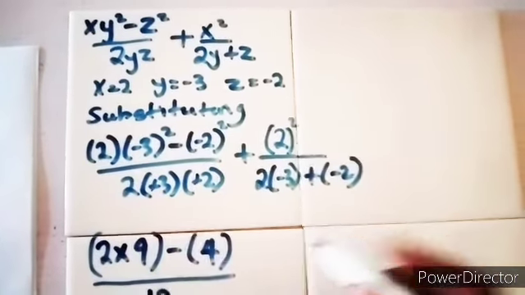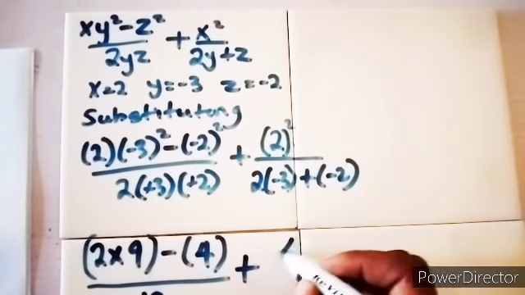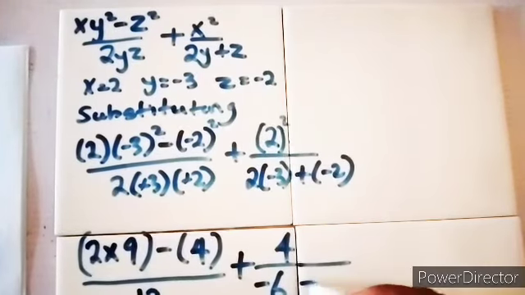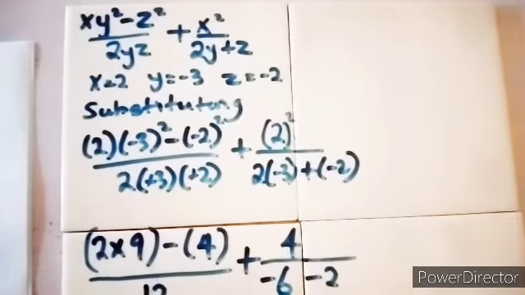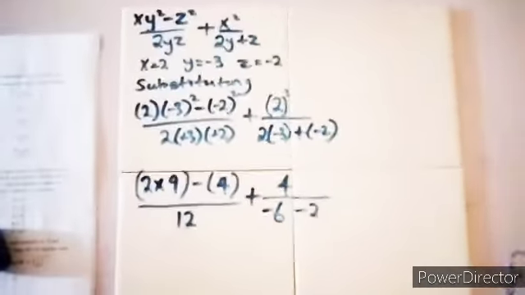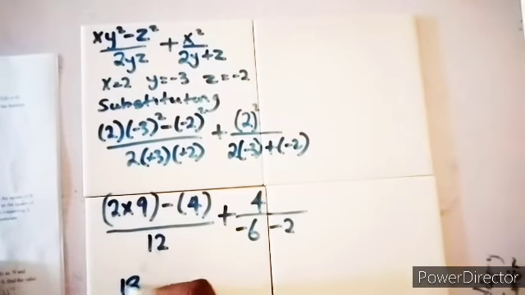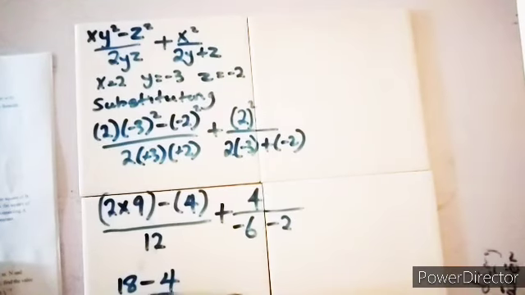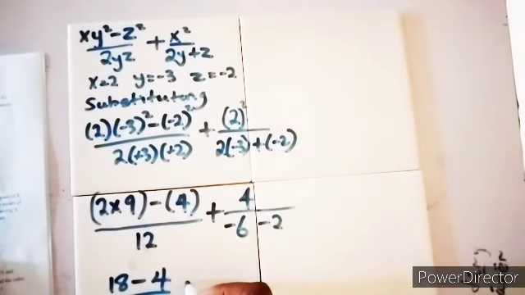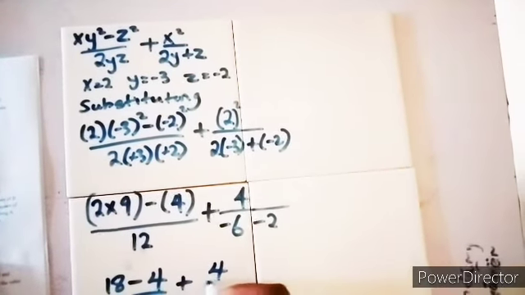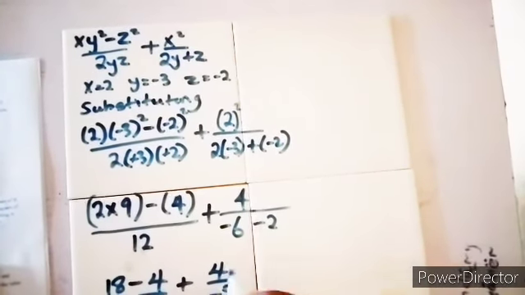And then the minus signs will cancel out, giving us a plus sign. 2 squared will give us 4 all over 2 times 3 minus 3, which is minus 6 minus 2. So going further to simplify, we will have 18 minus 4 all over 12 plus 4 all over minus 8.